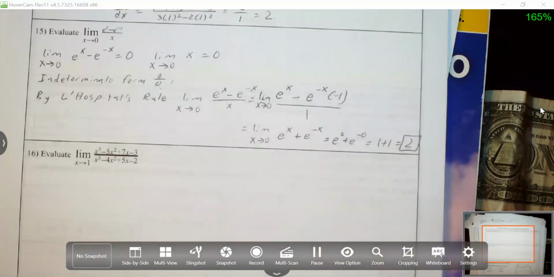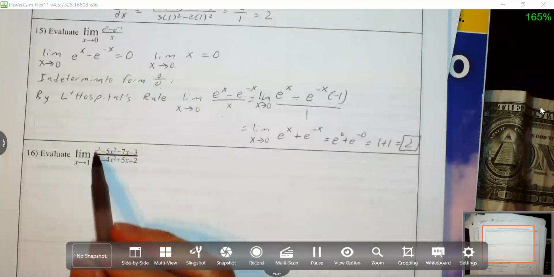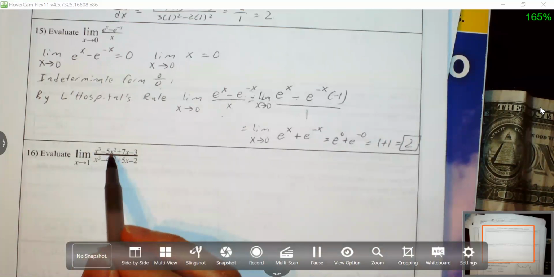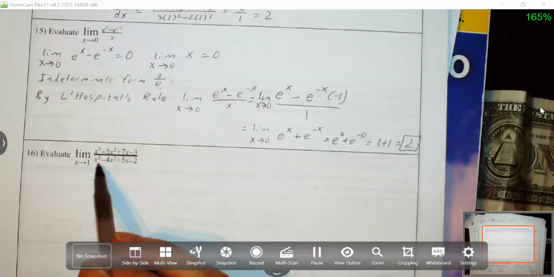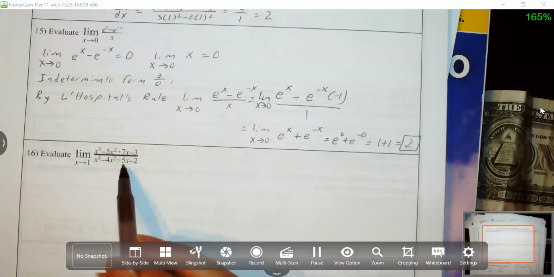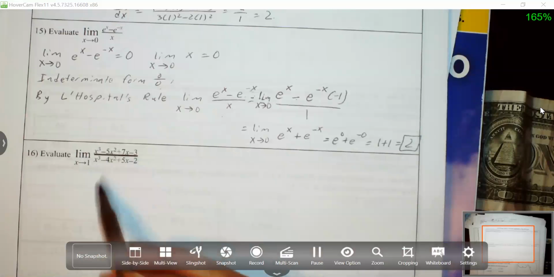Number 16, if I plug in 1 on the top, 1 minus 5 is negative 4. Negative 4 plus 7 is 3. 3 minus 3 is 0. So I know the top goes to 0. On the bottom, 1 minus 4 is negative 3. Plus 5 is 2. 2 minus 2 is 0. So I know the top and the bottom go to 0.